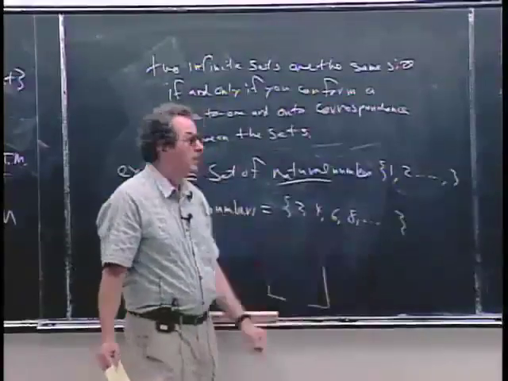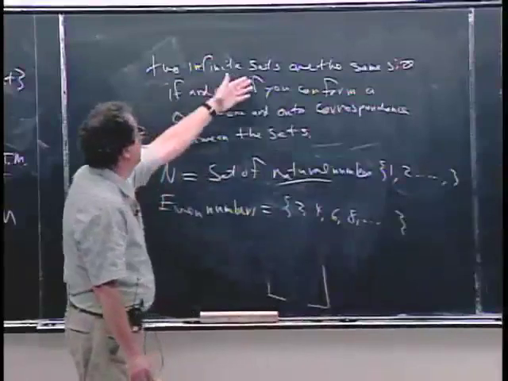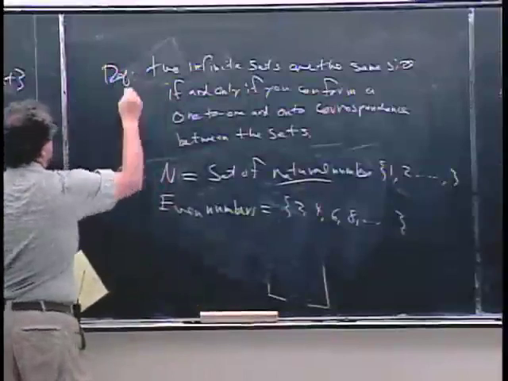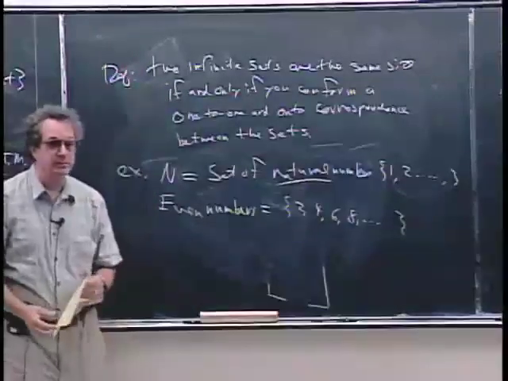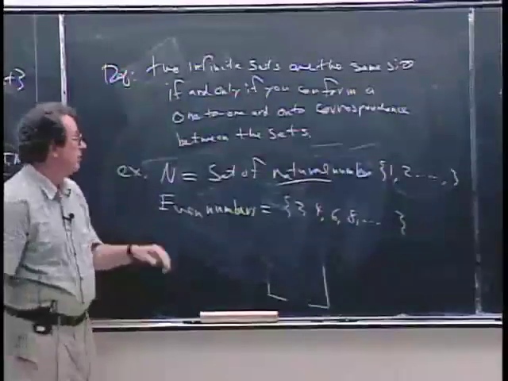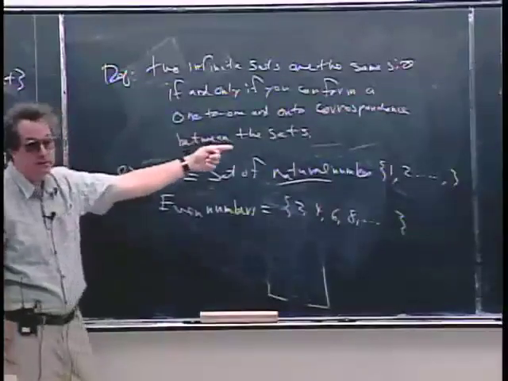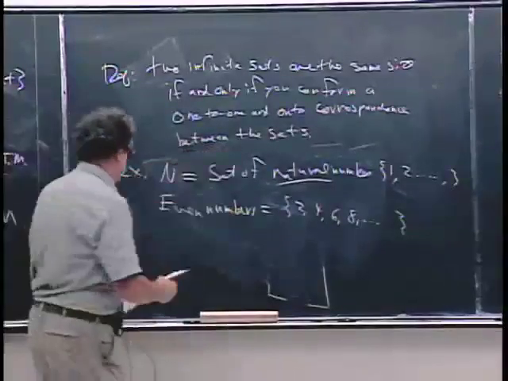Okay? But according to Cantor and according to this definition, the two are the same size. Okay? Because you can find a one-to-one and onto correspondence between the two sets.